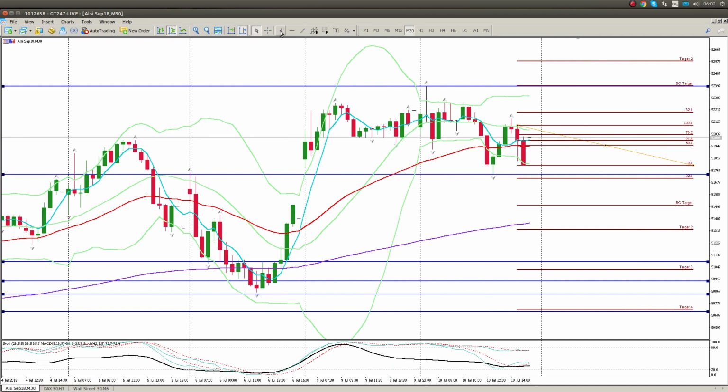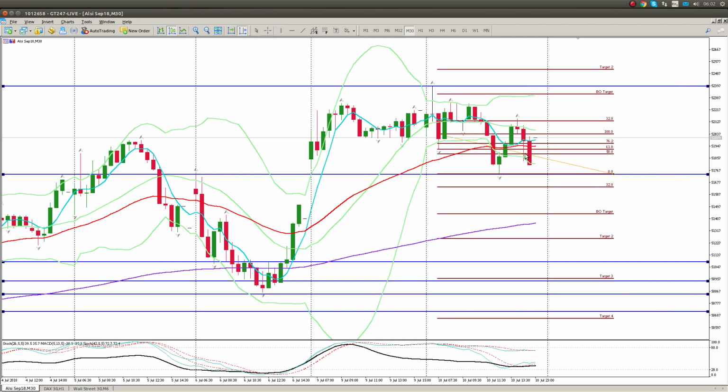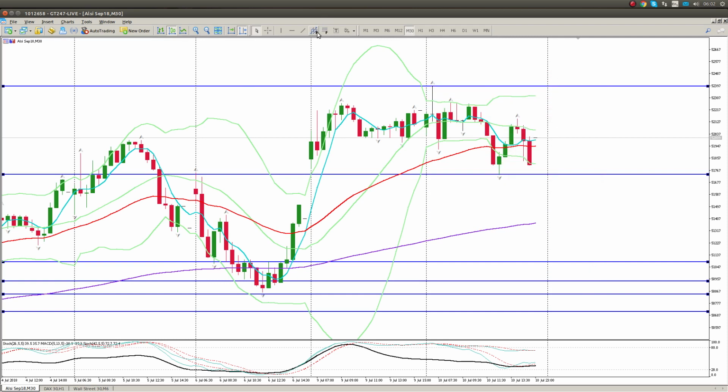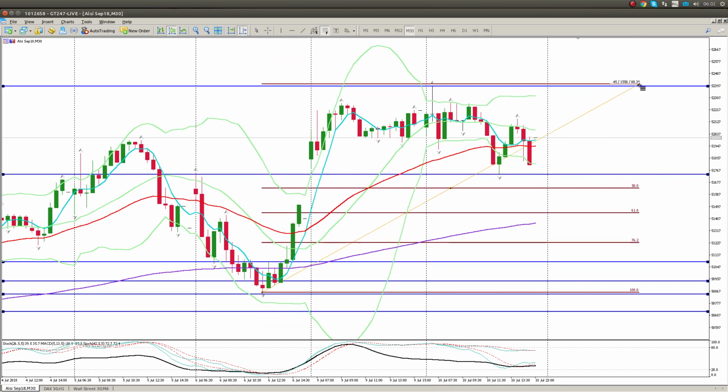Lastly, I just want to delete this, or we can actually move it. Let's just move this, and no, it's the wrong way around. Okay, delete it, and let's just work out what a retracement would mean.